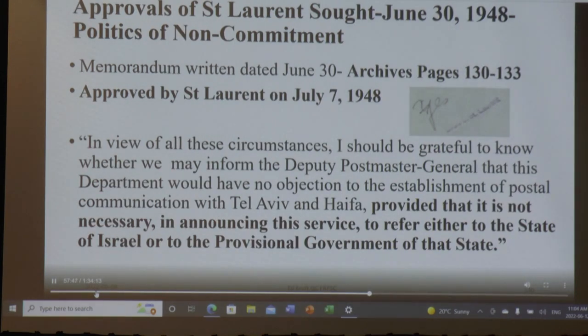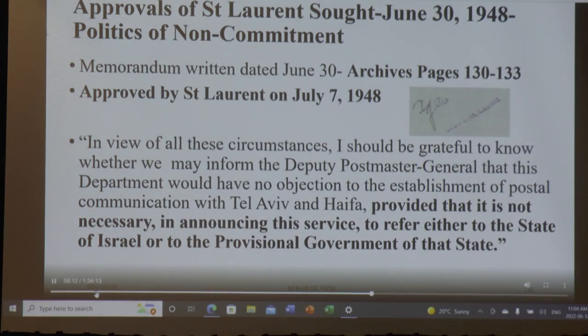So what happens? Department of External Affairs people are all fussed, and they say we better get a sign-off from the big boss. We better do a memo to Louis Saint Laurent, who is the Minister of External Affairs, and we say, should we inform the Postmaster General that we would have no objection to the establishment of postal communications with Tel Aviv and Haifa?